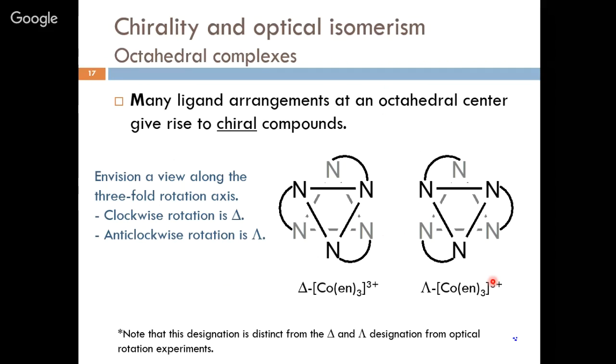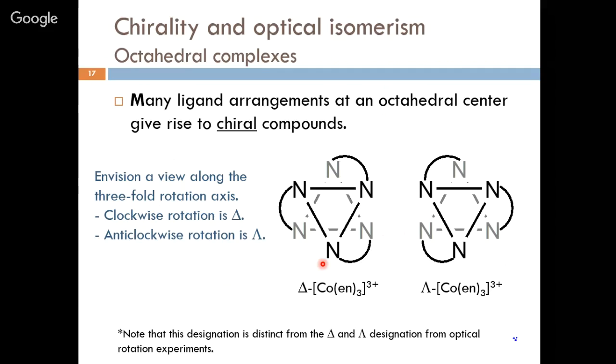So if you imagine that the metal is at the center of these diagrams, and the curves are still representing the ethylenediamine ligands, then we have either clockwise rotation, if you imagine turning this face clockwise, and this nitrogen would replace that nitrogen, then that nitrogen, for example.